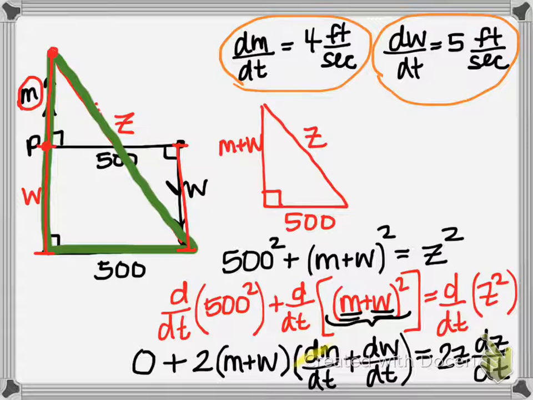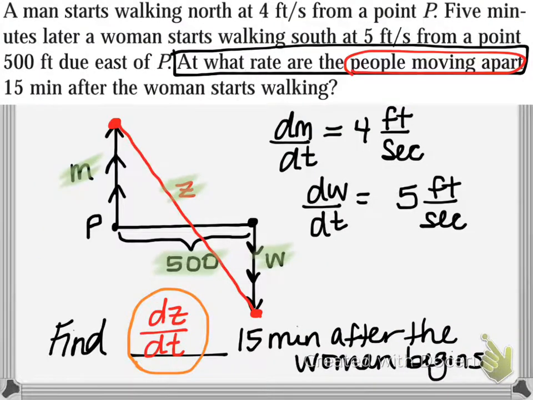Now notice we have the value here for dm/dt, which was 4 feet per second. We also have dw/dt, which was 5 feet per second. But we do not have the value of m or the value of w. So we need to go back to the problem and reread. And notice we were interested in what was happening 15 minutes after the woman began walking. So the woman is going to be walking for 15 minutes.